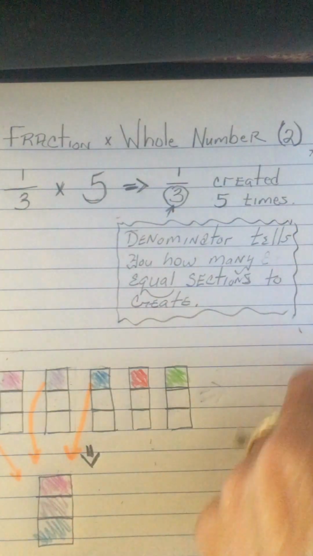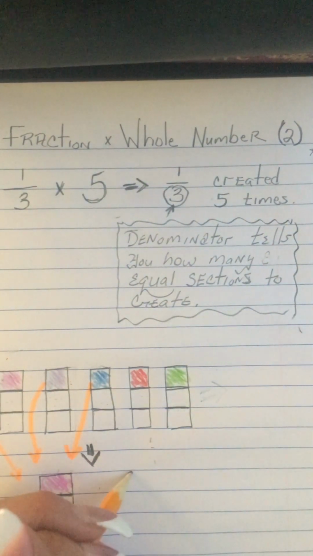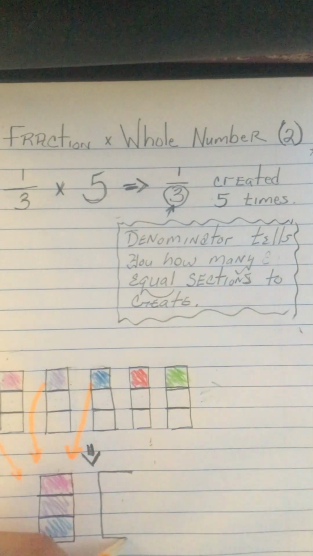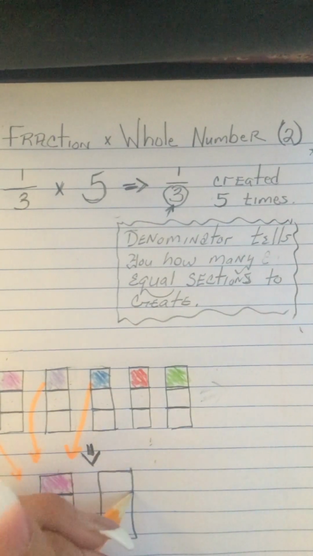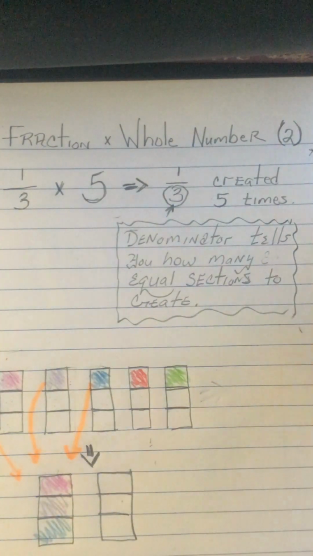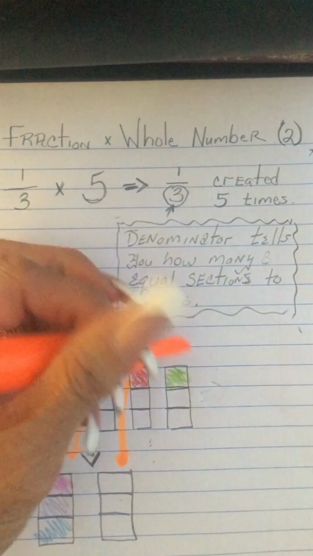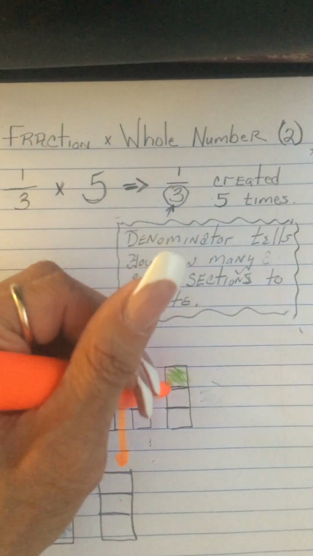So that means I have got to create another whole unit with 3 equal sections so that I can bring down my other 2 colored units.